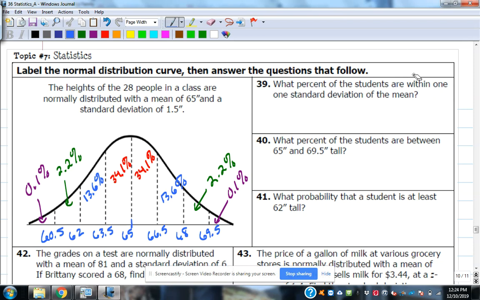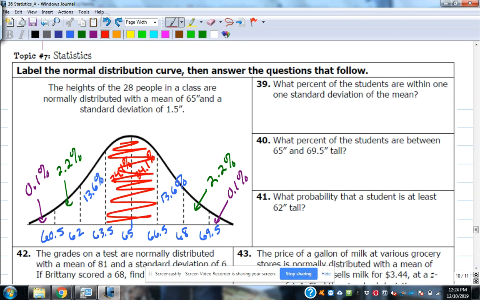What percent of the students are within 1 standard deviation of the mean? That area is 1 standard deviation to the right and 1 to the left. That total area is 68.2% because it's normally distributed.